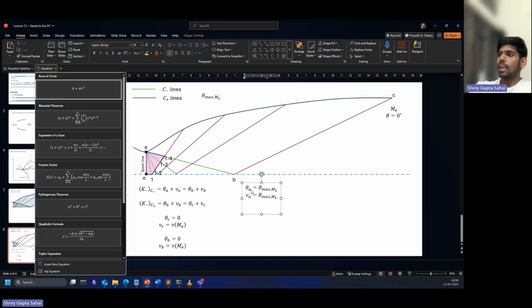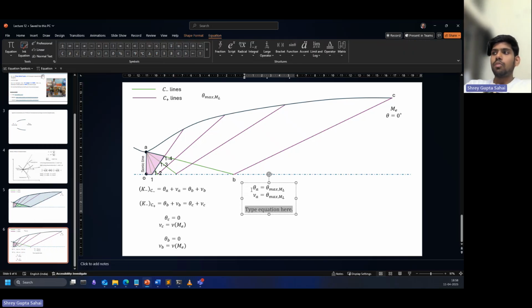For that we have to write the equation for Prandtl expansion, and that is nu m2 is equal to nu m1 plus theta, the angle of expansion.